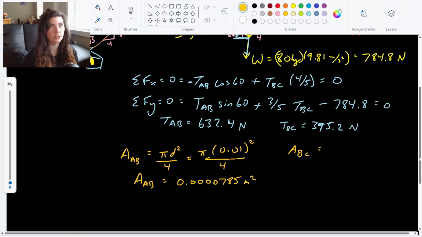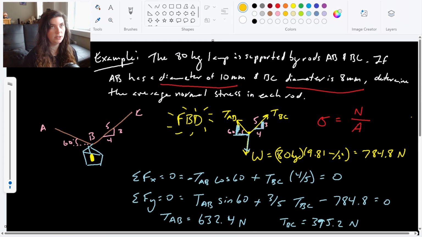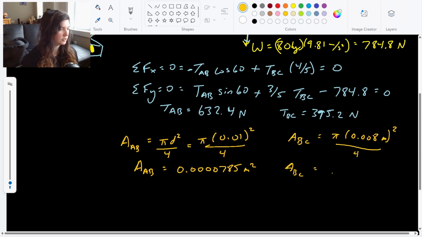And the cross-sectional area for BC, again, it gave us diameter of 8 millimeters. So pi times 0.008 meters squared over 4 gives me a cross-sectional area.